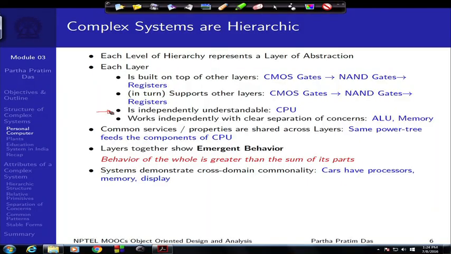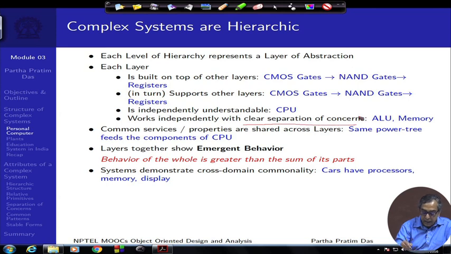So, this individuality is called the separation of concerns. That is, different systems within themselves can function independently, and across systems there is an interconnection, an interlinking, which has to be clearly specified.